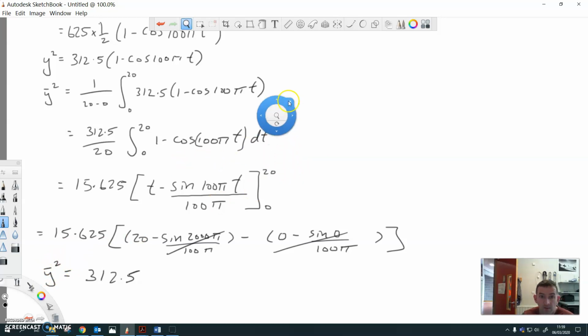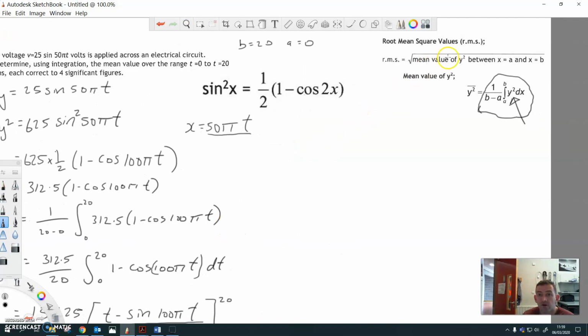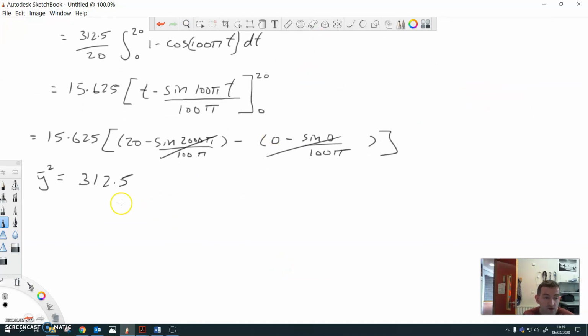Now if we look back up, we're looking for the root mean square, so that's going to be the square root of this here, y bar squared. So the root mean square equals the square root of y bar squared, the square root of 312.5.